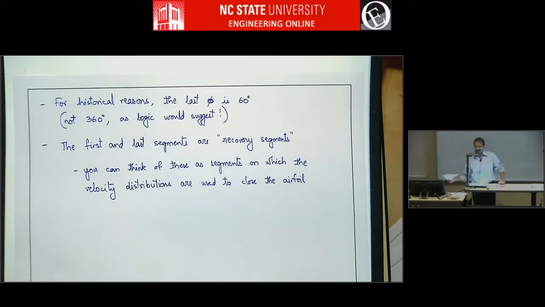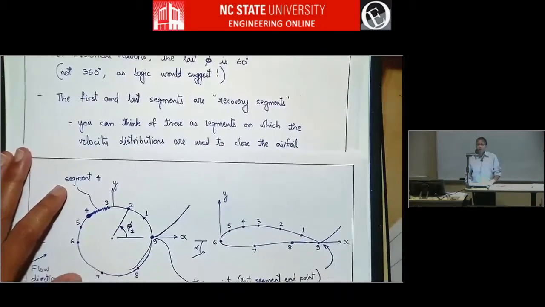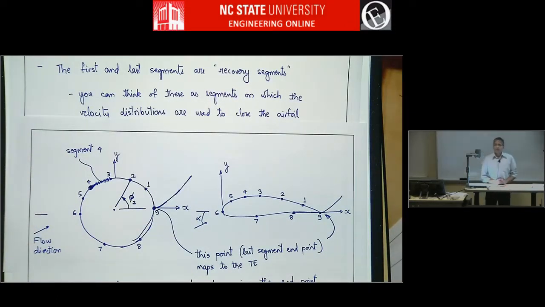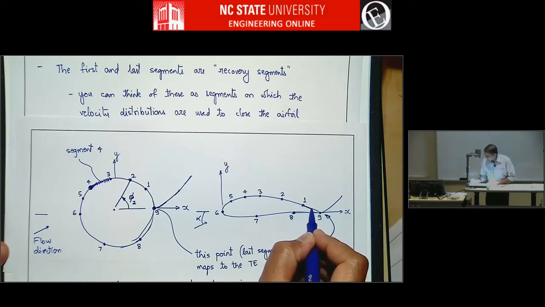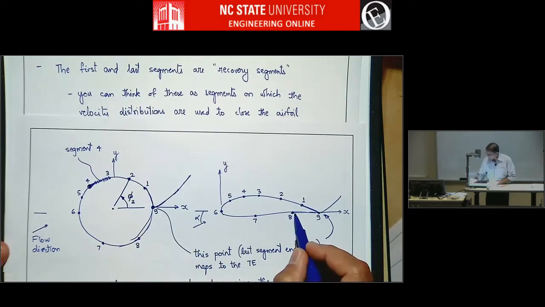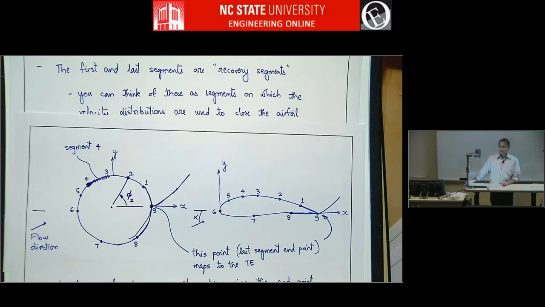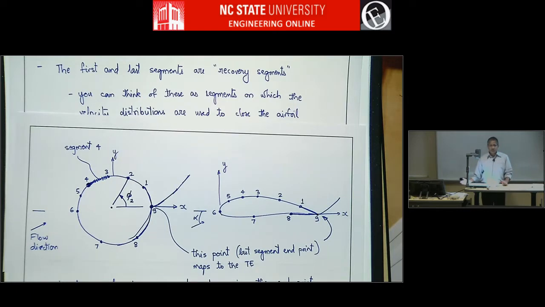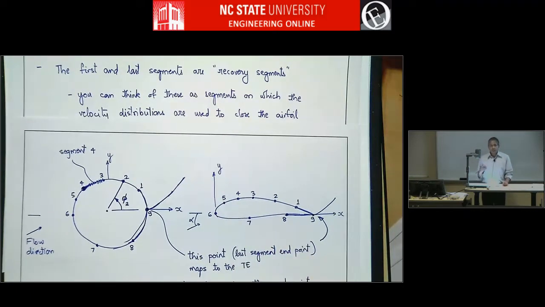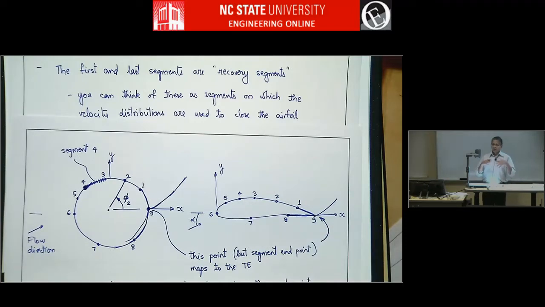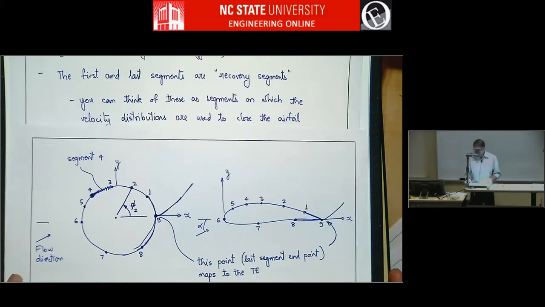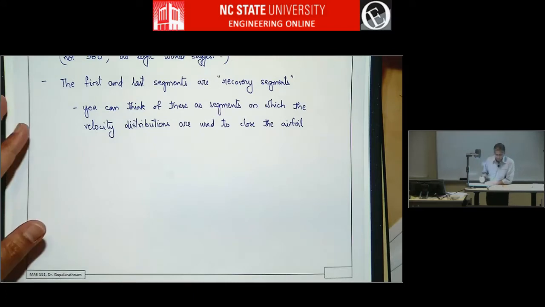So if we take this sketch, for example, segment 1, which is this on the airfoil and this on the circle, and segment number 9, which is this and this. These are the recovery segments. In other words, you think about these things a little differently, whereas for every other segment, you can actually prescribe some velocity distributions. Here you don't; there are some functions that will help close the airfoil, and you have some control over those functions. Basically, that's it. And this will all become clear as we go forward.